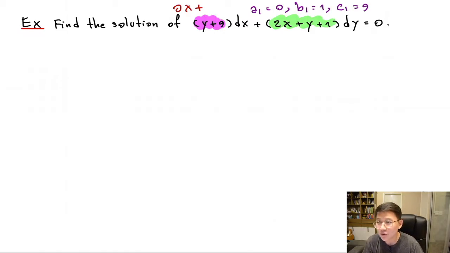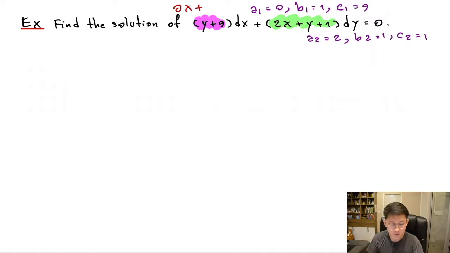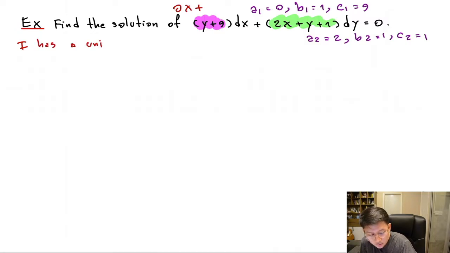Okay, so for this one, we know that a2 is 2, b2 is 1, and c2 is 1. So first we need to ask whether or not it has a unique solution.